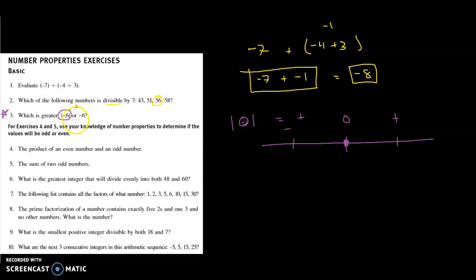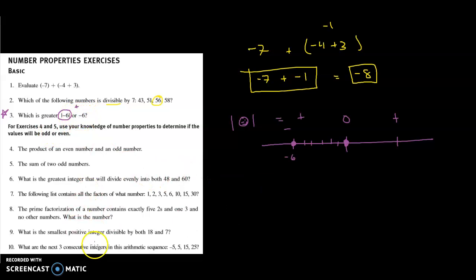So just automatically, absolute value of -6 is greater than -6, because absolute value of -6 says that we are this many steps away from 0, but that's 6 steps. 1, 2, 3, 4, 5, 6. So that is automatically greater than the negative number.